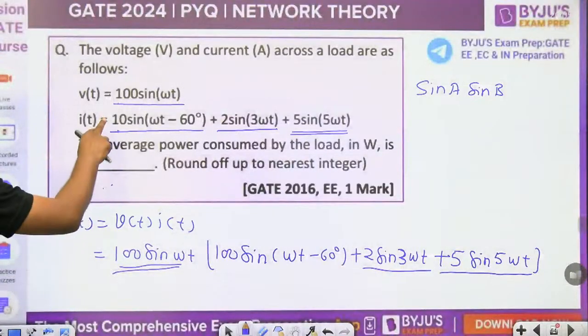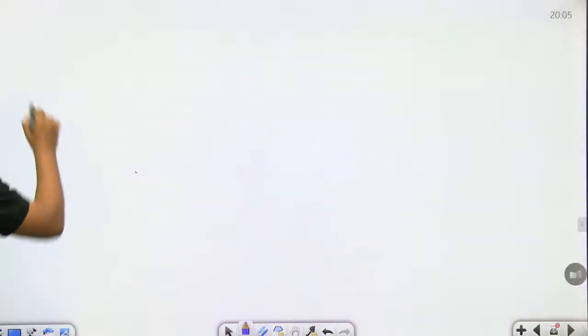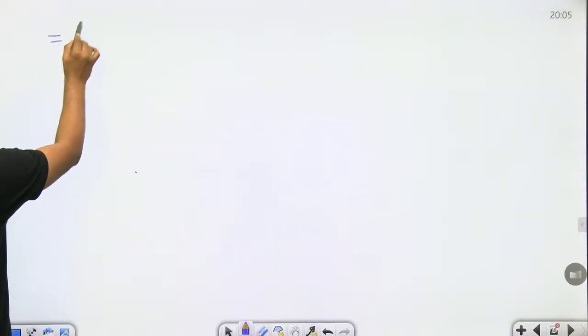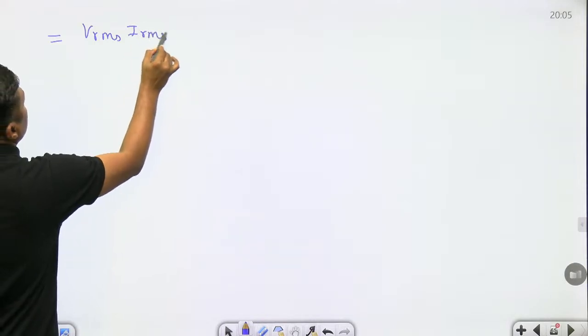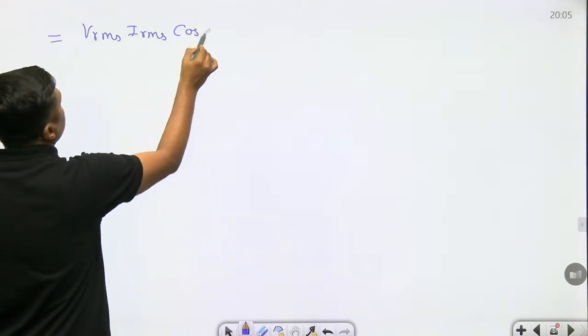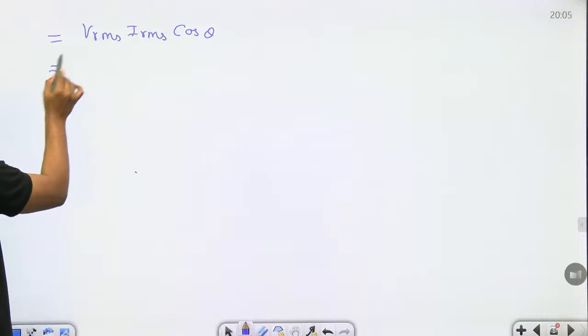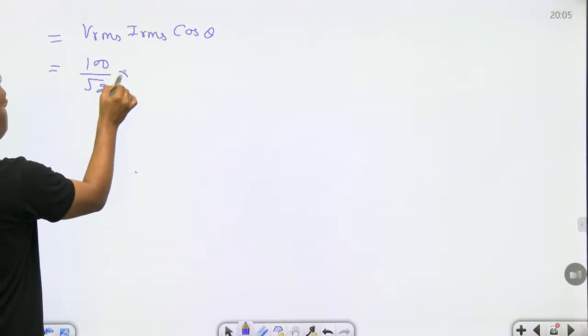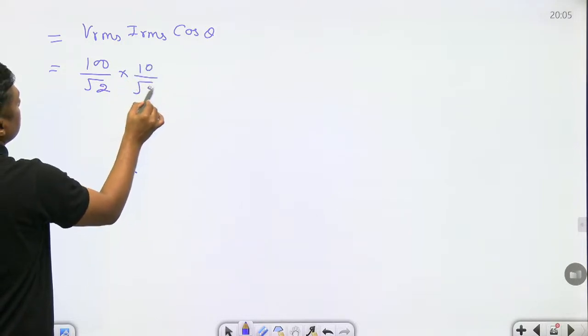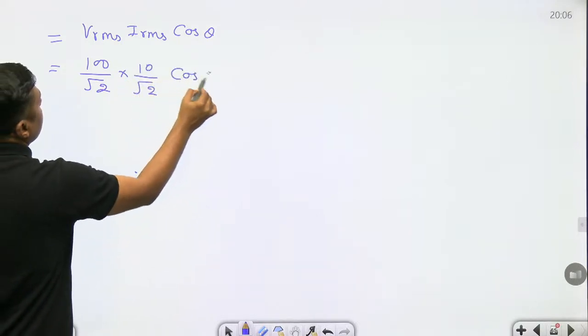Okay. Multiply these two signals only, then VRMS, IRMS into cos theta. What is the phase difference between current and voltage? That is negative. VRMS 100 by root 2, IRMS 10 by root 2, cos 60.